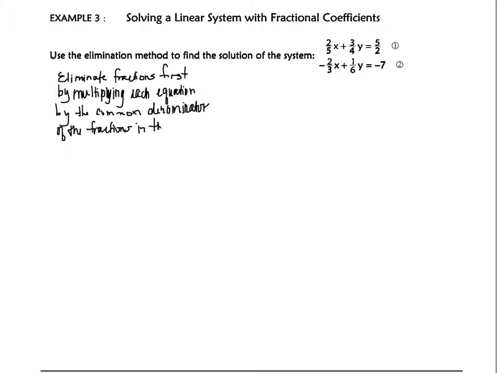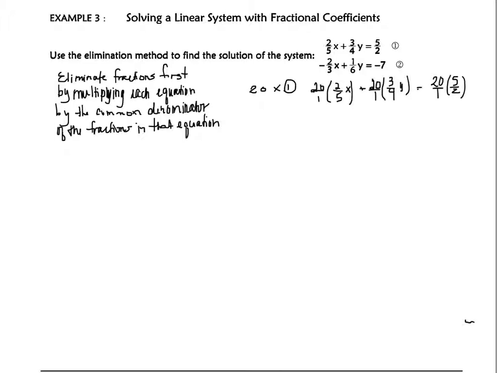So the first one, 20 would be the common denominator, so you multiply that by equation 1, and that will give you 20 times 2/5 x plus 20 times 3/4 y equals 20 times 5/2. And that's going to give you 20, now keep in mind that's understood to be 20/1.